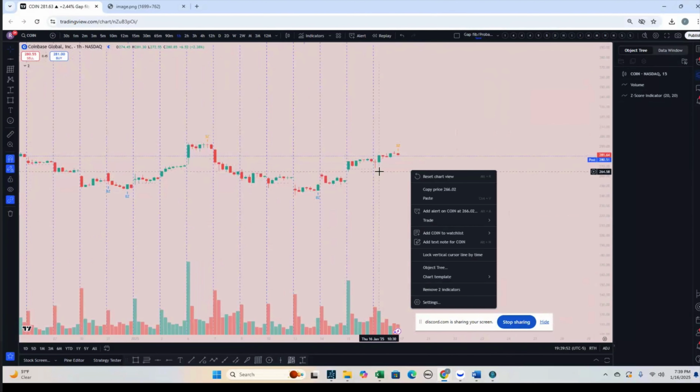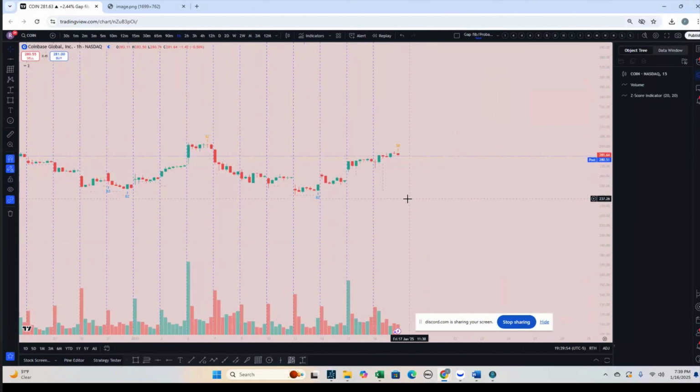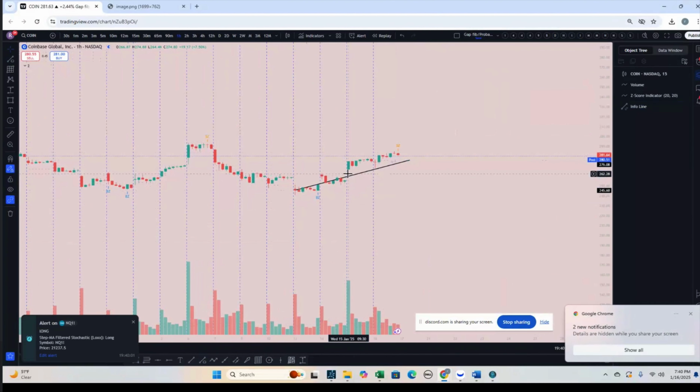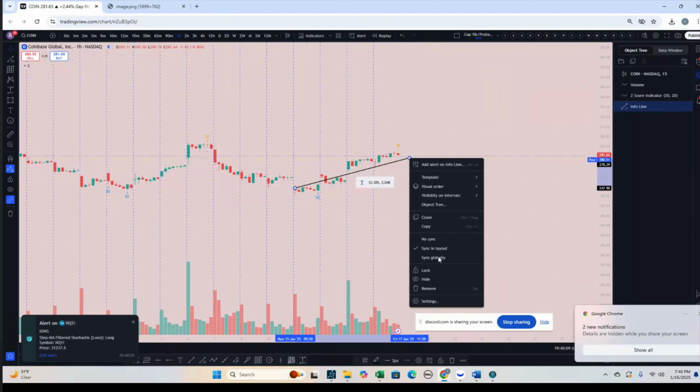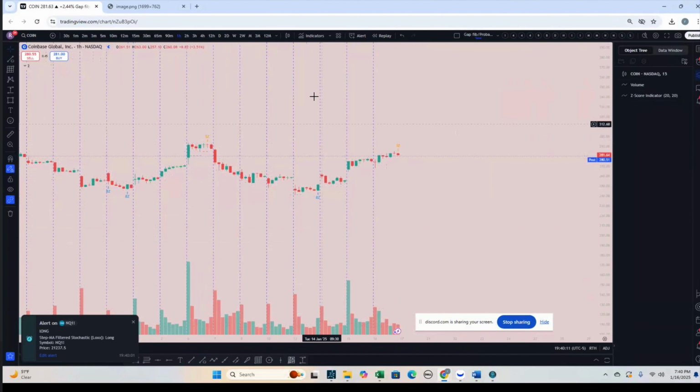So if you draw a line from here to here, anytime we get too far away from that line, we like to come back to it. That's the simple way of looking at it.